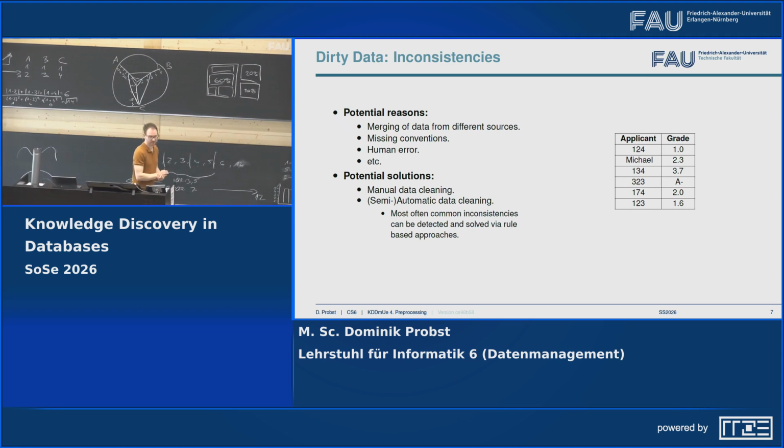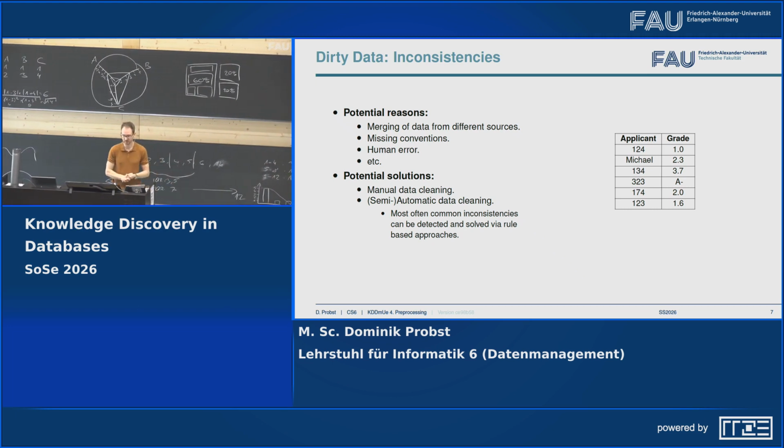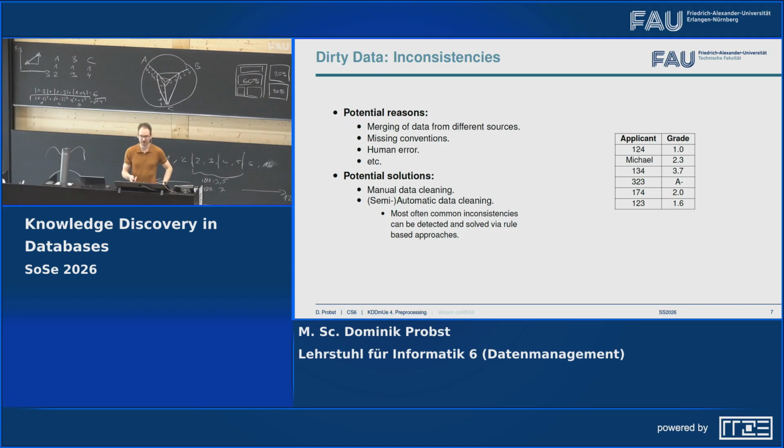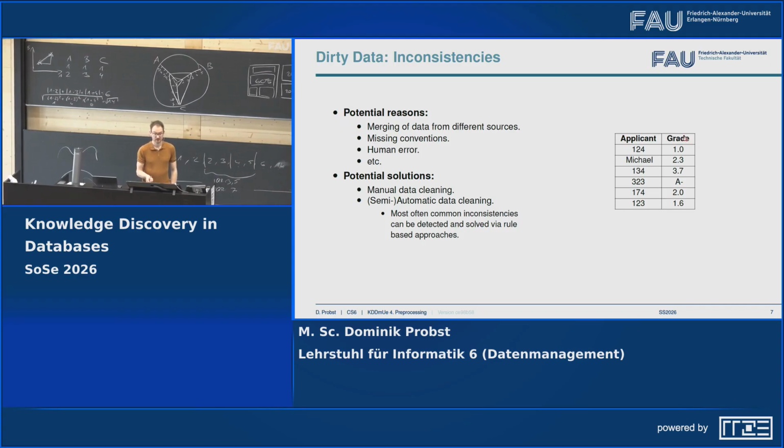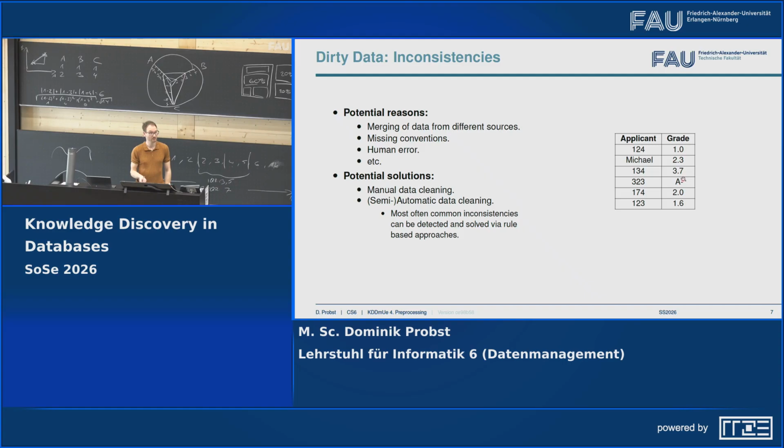For inconsistencies, we have to talk about, for example, different grading systems. In some universities, we might have numerical grades, just like at FAU, but in some other universities, for example, in Indian universities, I know about that, we have a lot of alphanumeric grading schemes, where we have A as the best grade. American universities, for example, are using alphanumeric grading schemes as well.